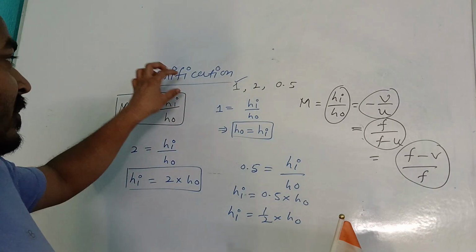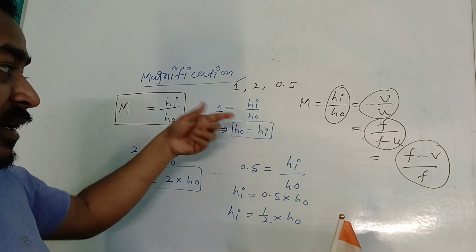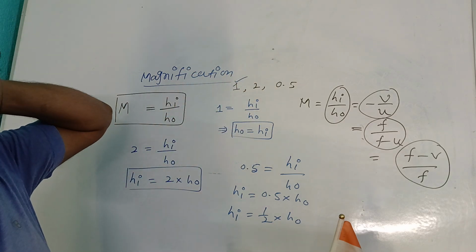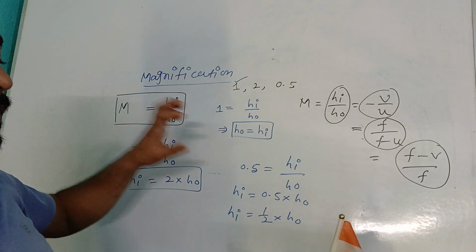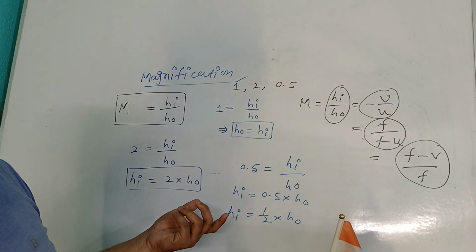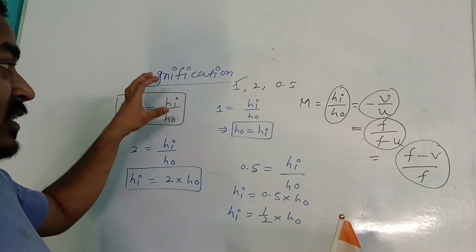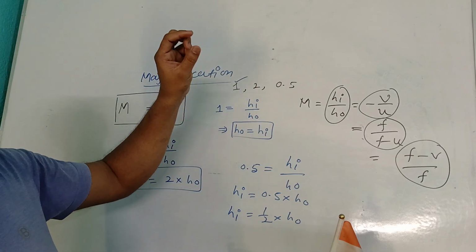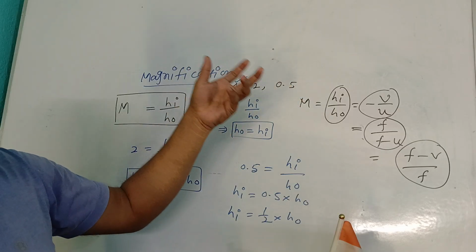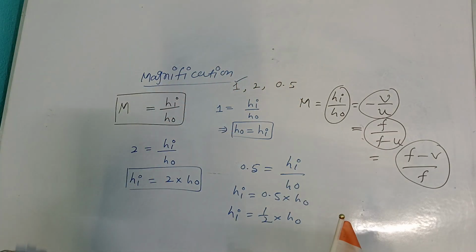So if magnification is given, then we can write something about the image, whether it is large or small, whether it is big compared to the actual object or smaller than the object. Understood? So with magnification we can say whether the size of the image is bigger or smaller than the size of the object, whether it is quite bigger than the object or smaller than the object.